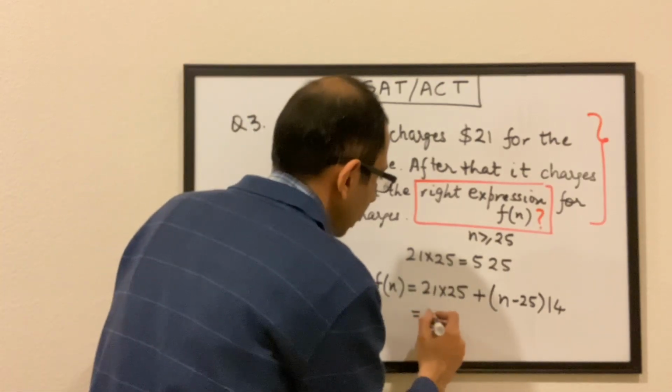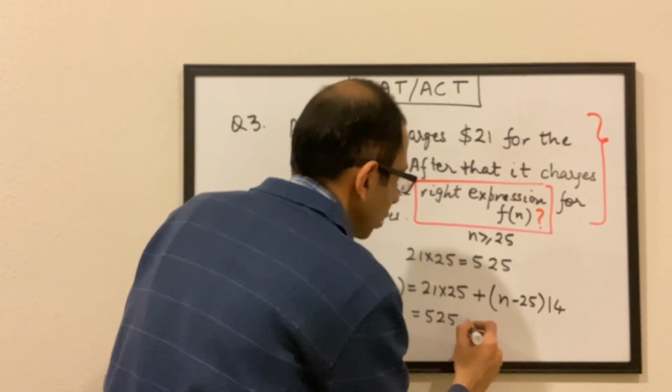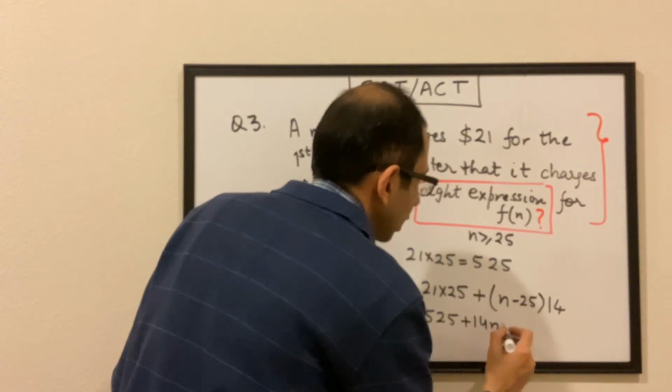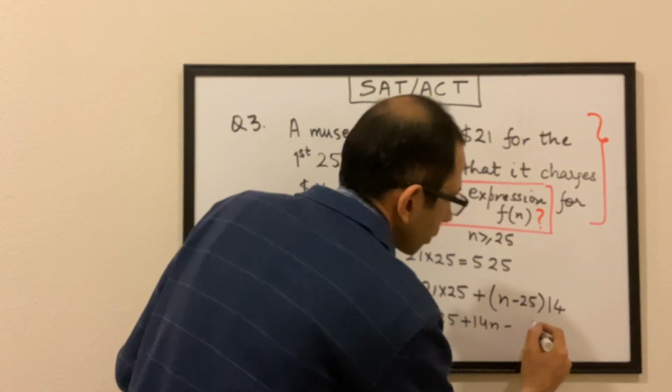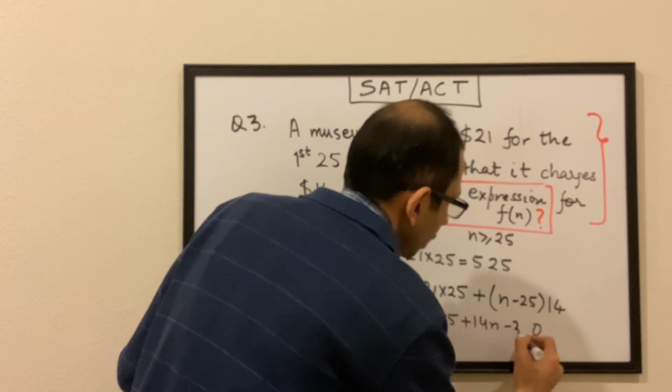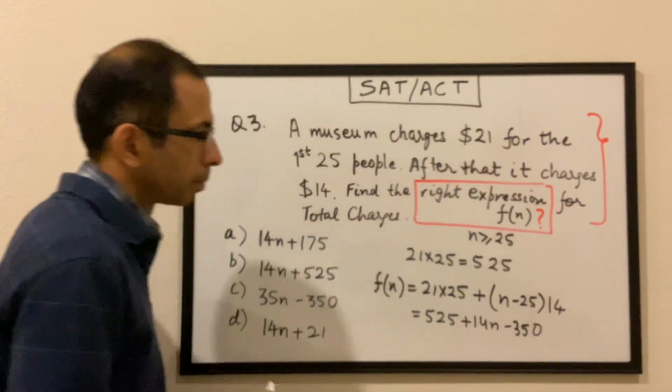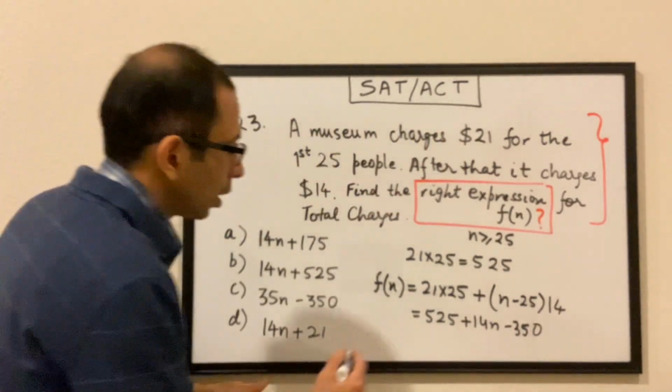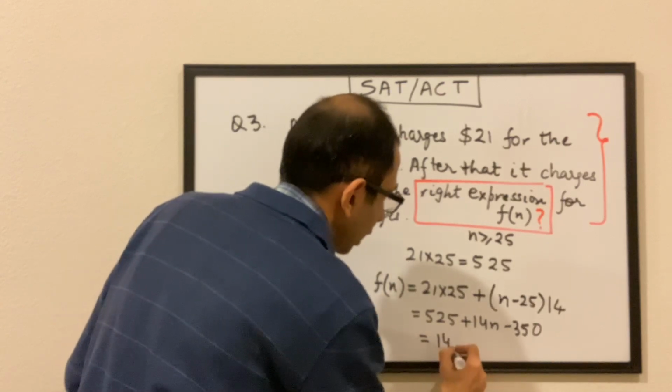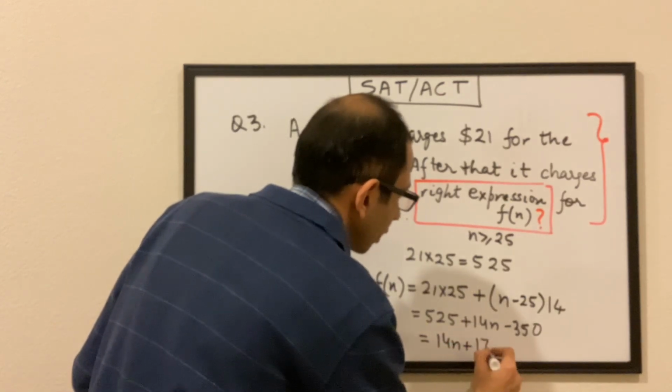Let's solve it. We get 525 + 14n - 350. Correct? And then when we solve this, we get 14n + 175.